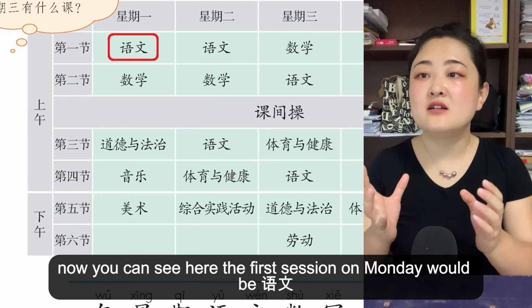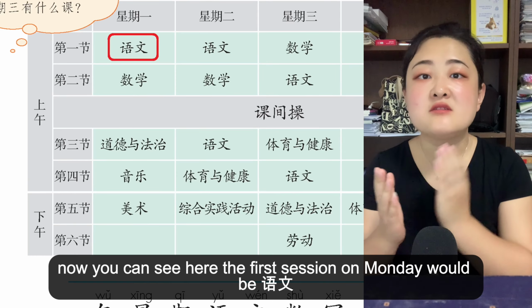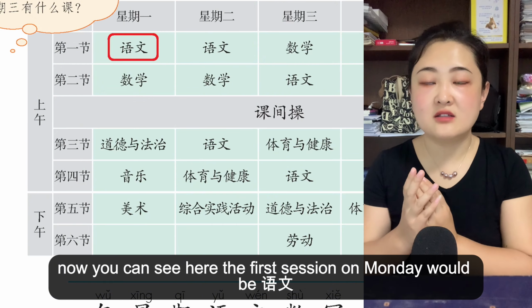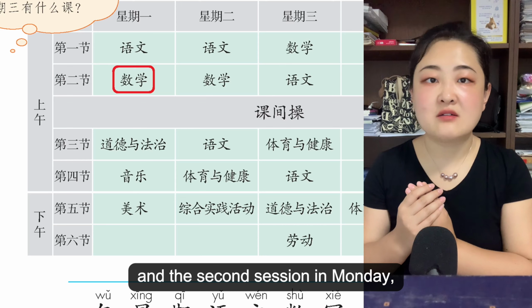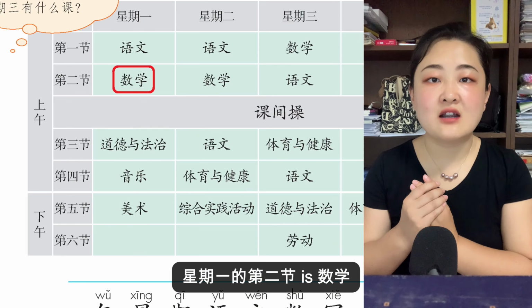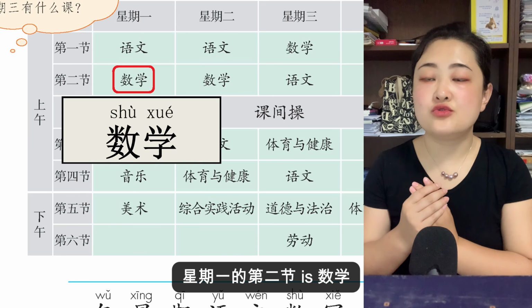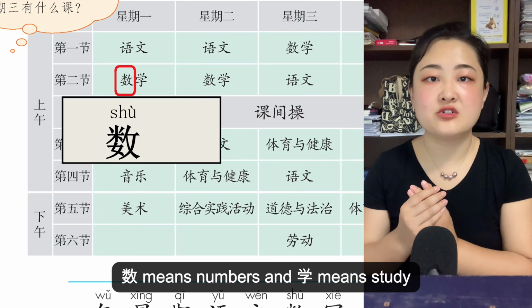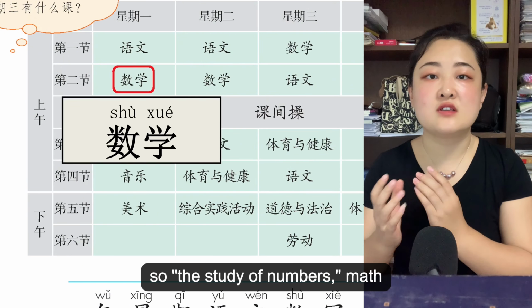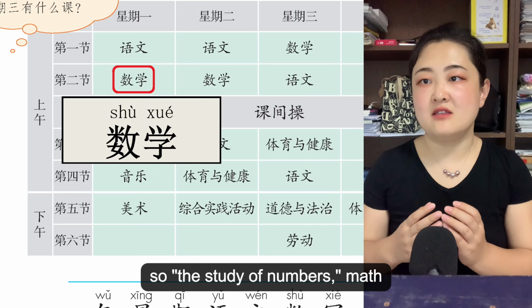Now you can see here, the first session on Monday would be 语文. 语文 means Chinese. And second session on Monday, 星期一的第二节 is 数学. 数学 means math. 数 means numbers. 学 means study. So the study of numbers, math.